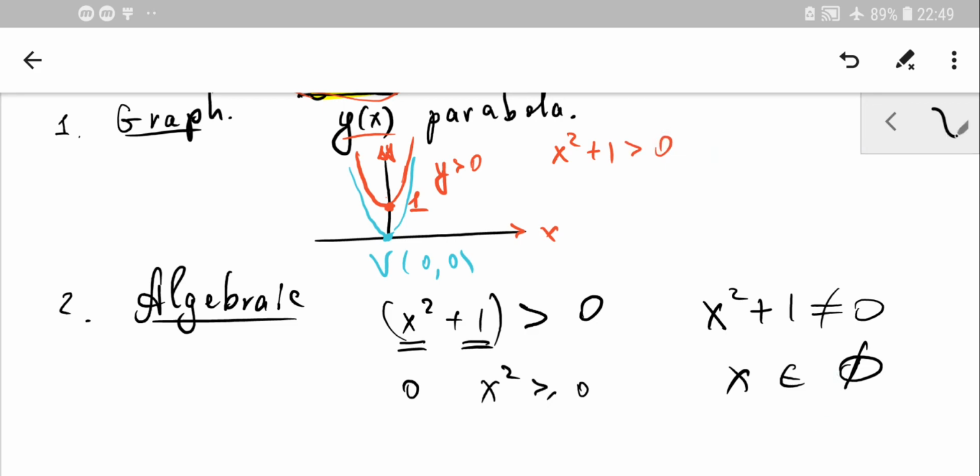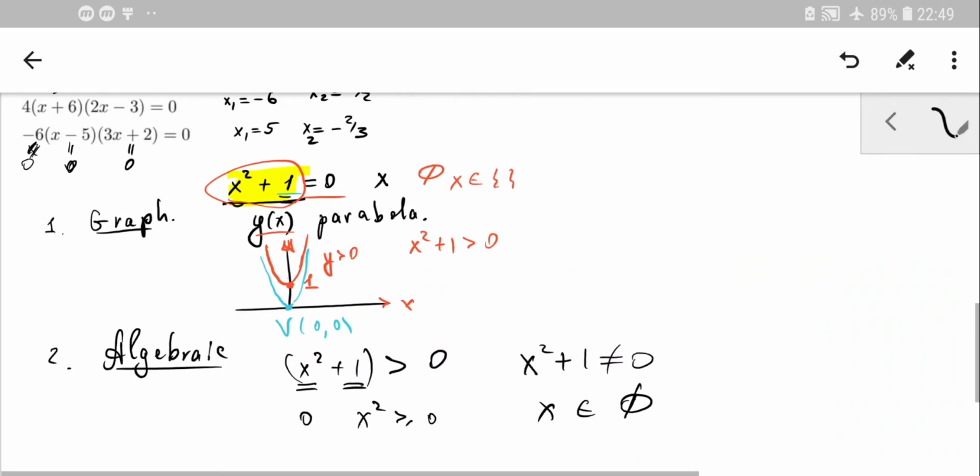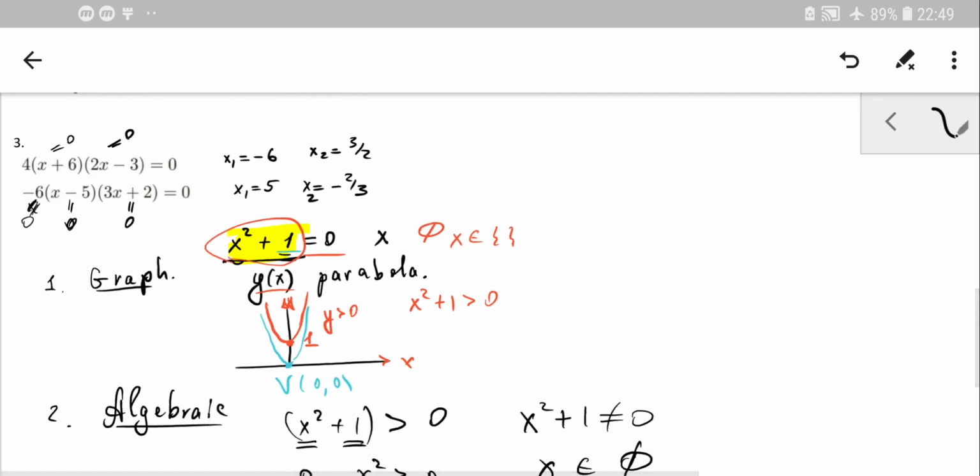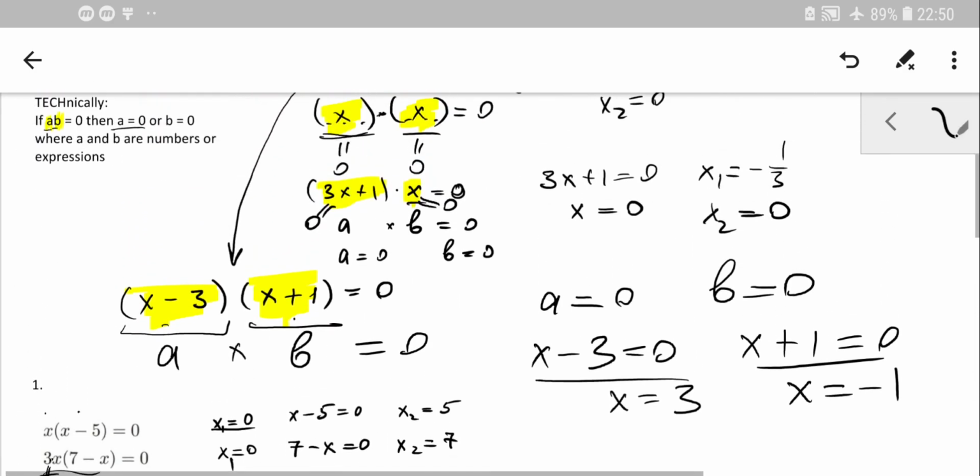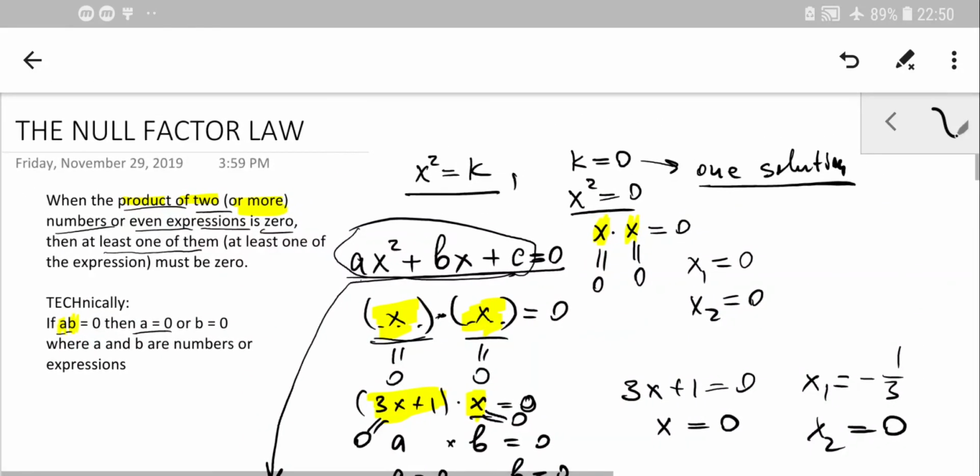Okay. So we discussed that sometimes you might have no solution, which means it's not possible to factorize. However, about factorizing, we'll consider that in the next video.